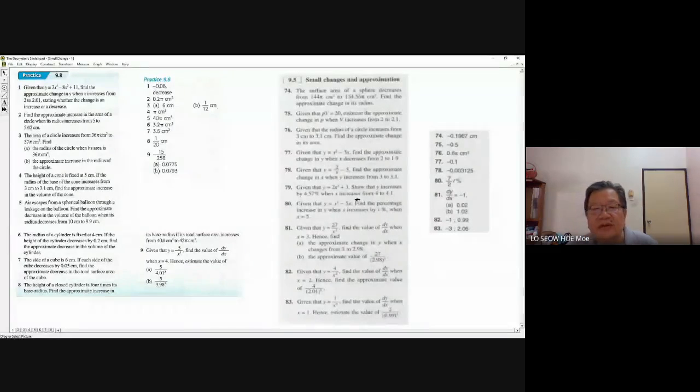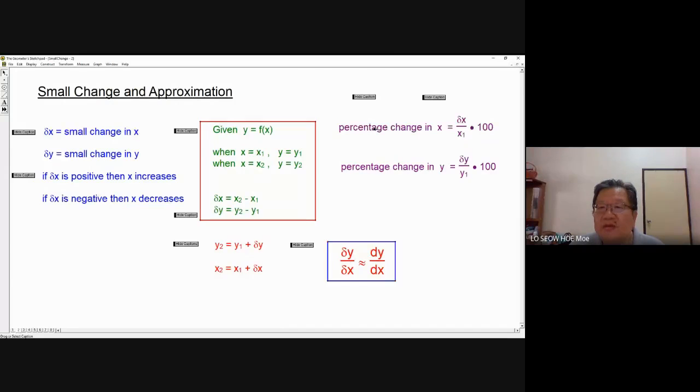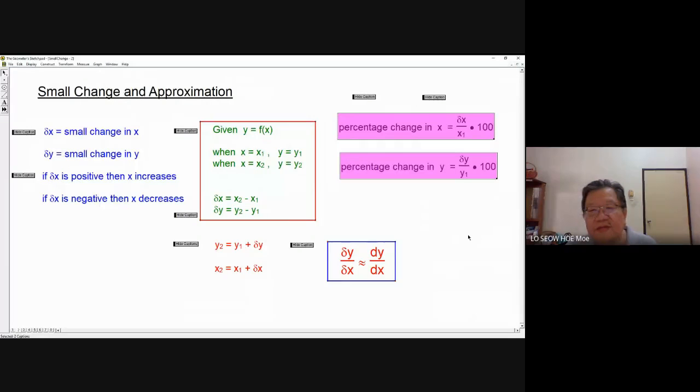Now these two questions are very difficult. If you don't know how to do that, I will show you. I know this is assignment 2, and I have not worked out the answers yet. So I will post the answer in the Google Classroom when I work it out. These two questions, 79 and 80, make use of these two formulas.